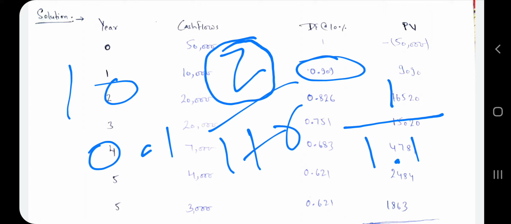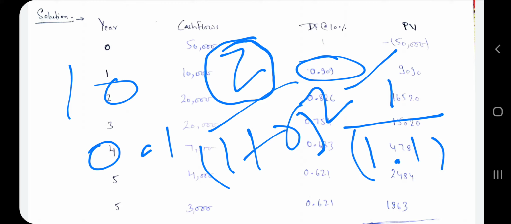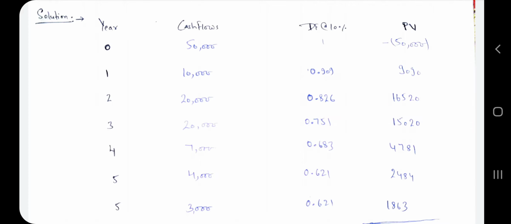When we divide 1 by 1.1 we get 0.909, and if we want the answer for the second year, then simply take the square of that value. So 1 divided by 1.1 squared gives 0.826. In this way you find the discount rate for every year.